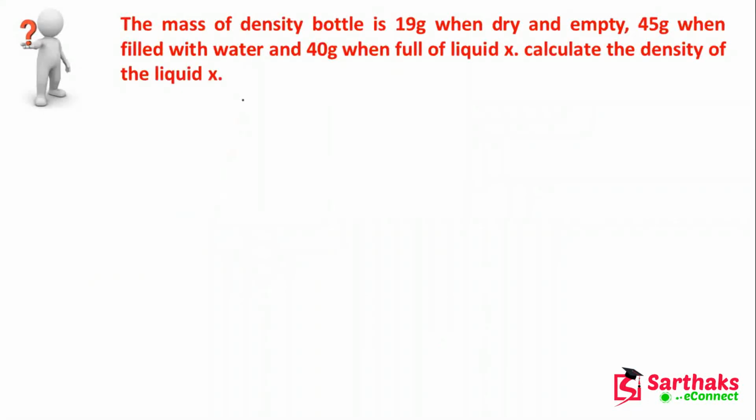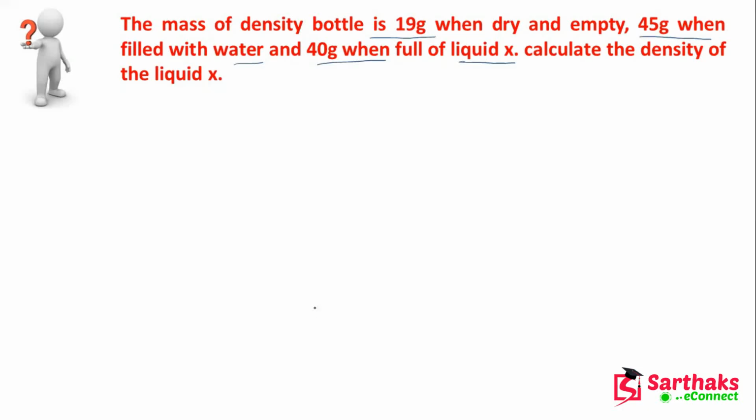Next, the mass of a density bottle is 19 gram when dry and empty, 45 gram when filled with water, and 40 gram when full of liquid X. Suppose I have another liquid X other than water.